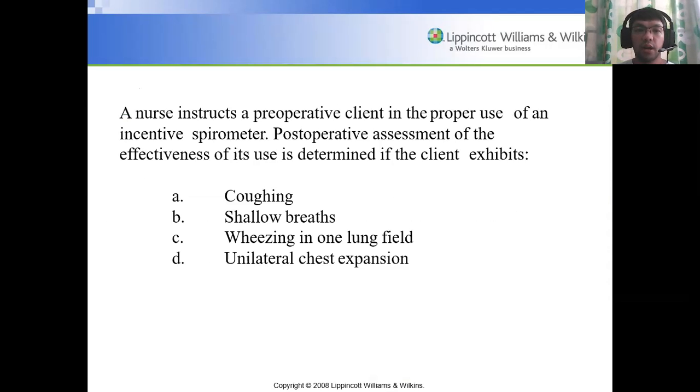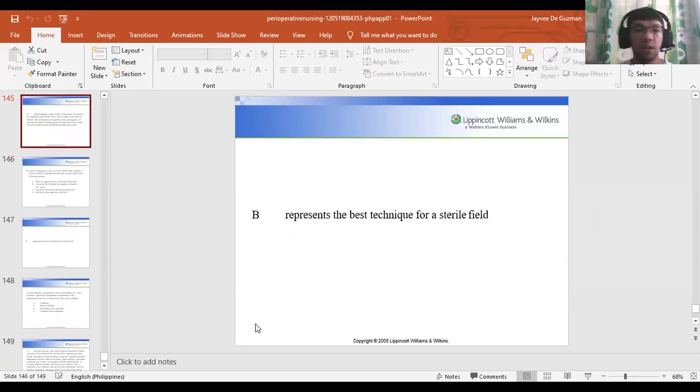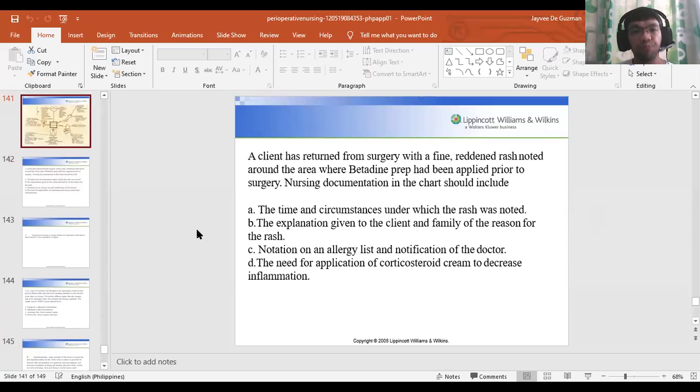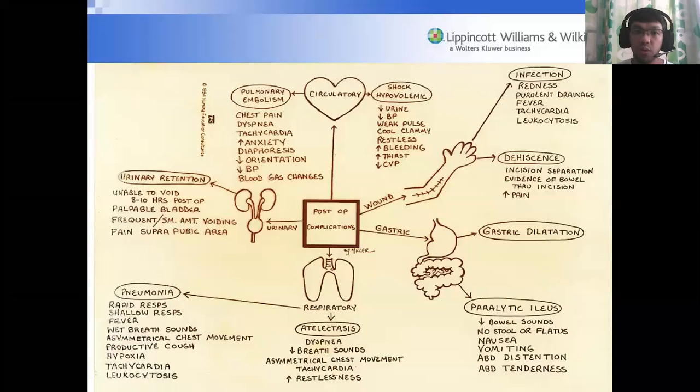So that's it, guys, regarding post-op care. It's very important for us nurses to monitor for these complications during post-op. And if you see any of these complications, we need to inform the doctor immediately for them to be treated.